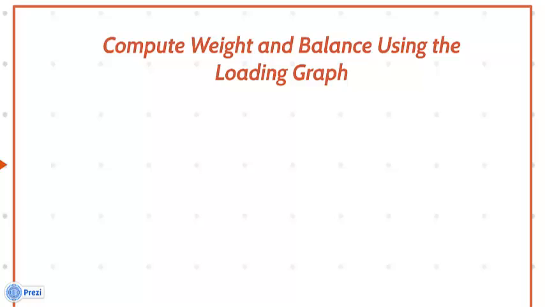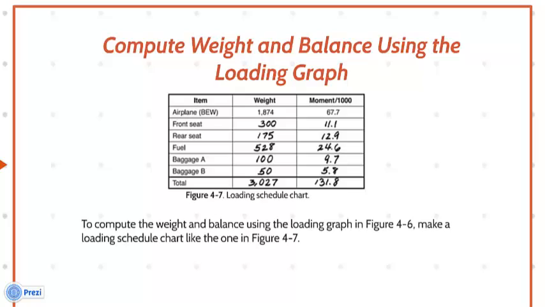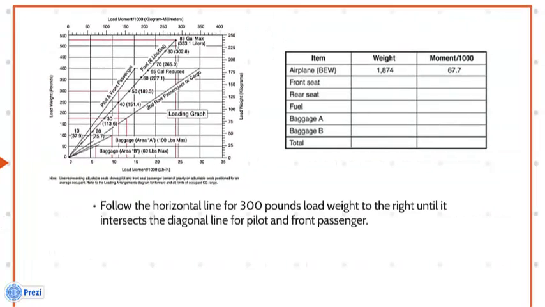Compute weight and balance using the loading graph. To compute the weight and balance using the loading graph in Figure 4-6, make a loading schedule chart like the one in Figure 4-7. In Figure 4-6, follow the horizontal line for 300 pounds load weight to the right until it intersects the diagonal line for pilot and front passenger.